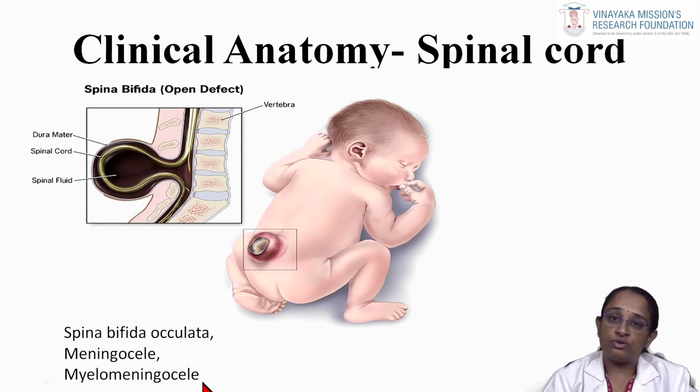When along with the fluid, the spinal nerve or the content comes out, that condition is called myelomeningocele. So this is spina bifida: the spinal cord or the content inside comes out, producing a defect at the vertebral opening. According to the level, it is called spina bifida, meningocele, myelomeningocele.